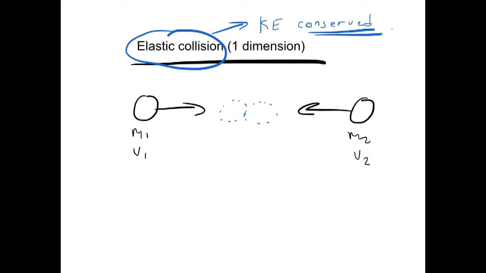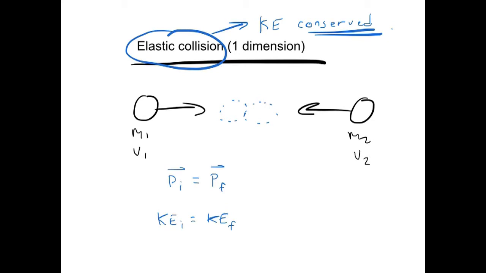So here we actually get two important conservation equations. The first one is that the initial amount of momentum must equal the final momentum, and the initial amount of kinetic energy must equal the final amount of kinetic energy.